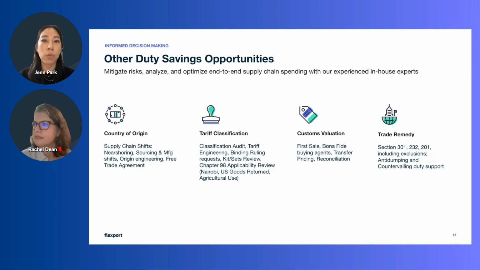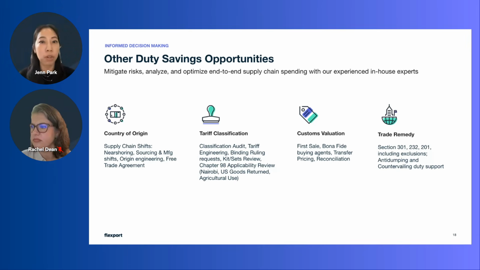There's a few where companies previously have not utilized it, even if they did qualify, because their duties and tariffs weren't high, so there was no need to really go through the process of doing that review and getting the documentation together to claim those. But now with the high tariffs, they are now pursuing to see if they qualify under any of these programs to get those goods in duty free. So that's another avenue that companies have been utilizing to mitigate some of the tariffs.